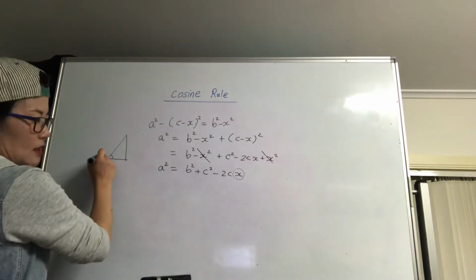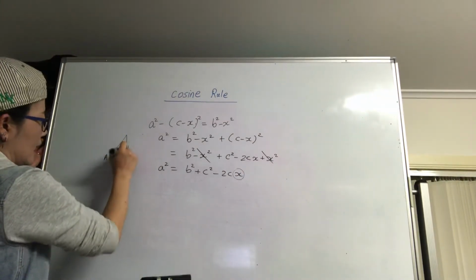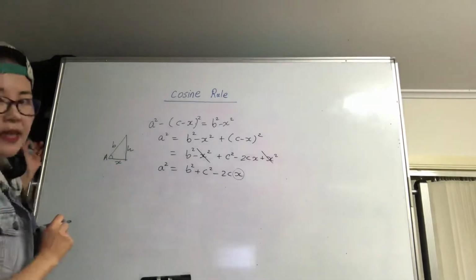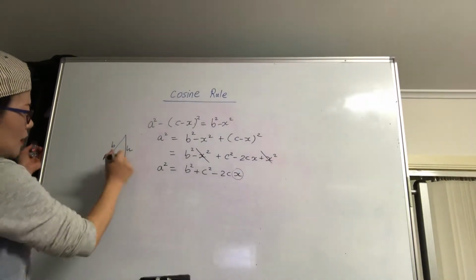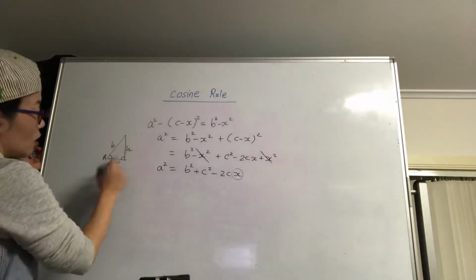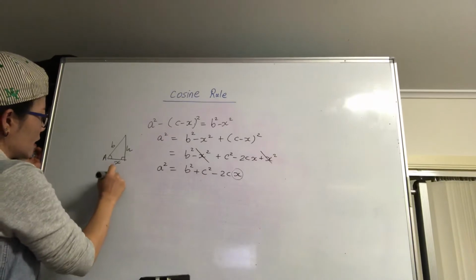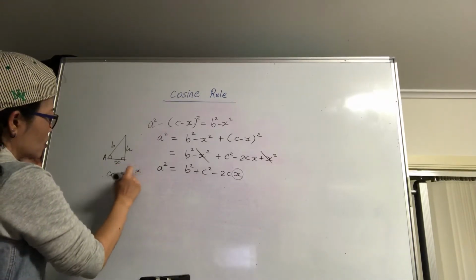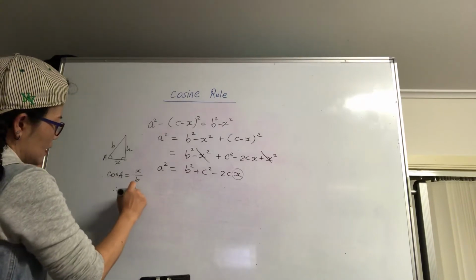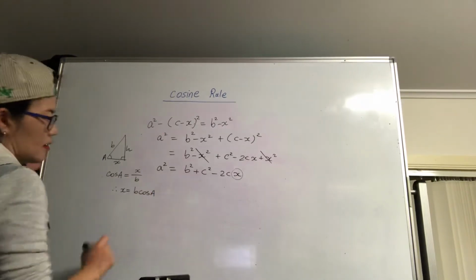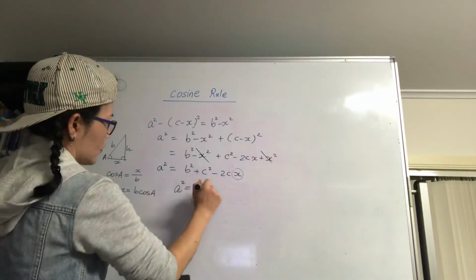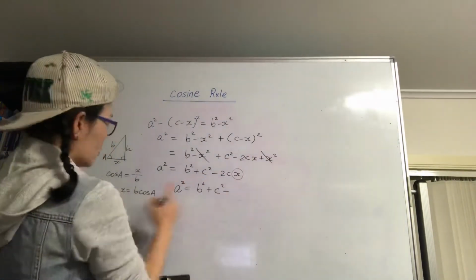It was A here, H here, X here, and this was B. So if I want to make X the subject, I'm going to use cos. So cos A equals X over B, and therefore my X is B cos A. So I'm going to change this in terms of cos.